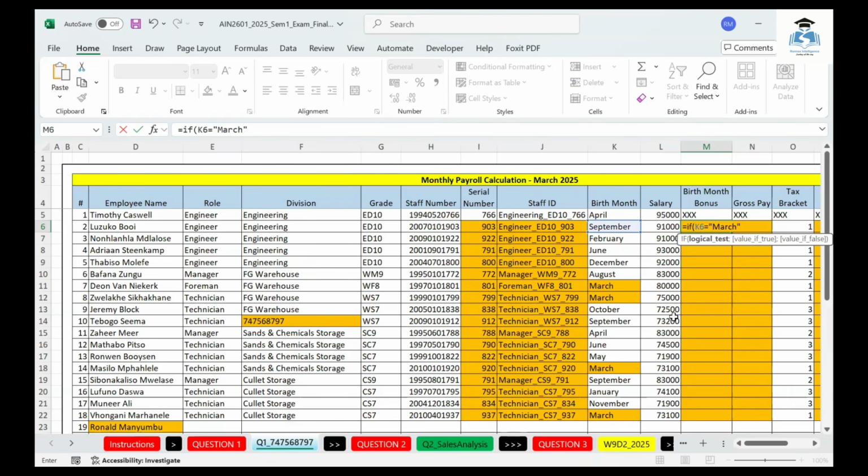Then the true value is, we were told that the bonus is 90% of the salary. Then you say the salary multiplied by 90%.